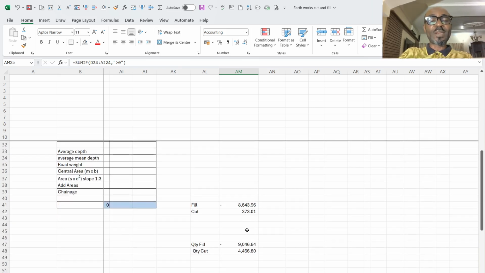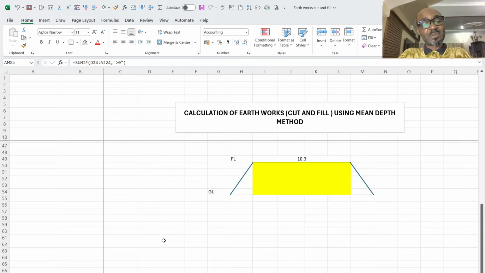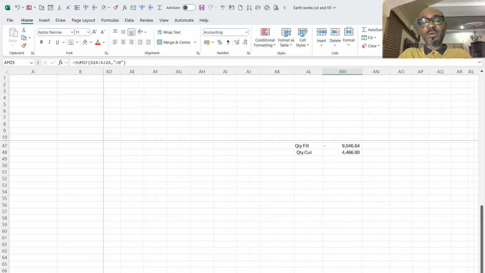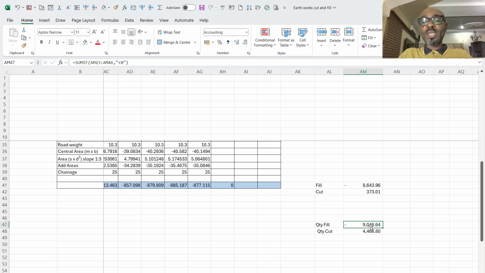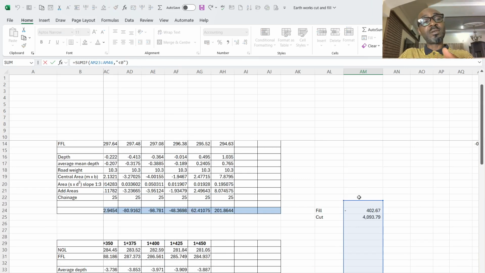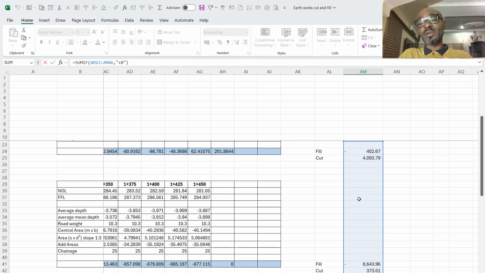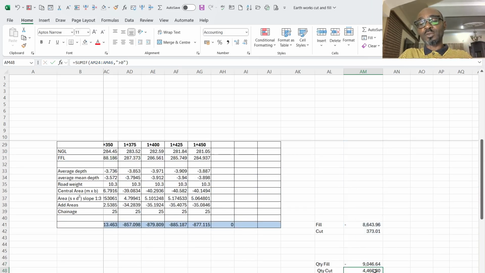So I went further again, after I have computed all of these changes for my 6 kilometers. Now I come down here and sum up all the figures that are less than 0, and also do the same thing for figures that are greater than 0. It sums up.